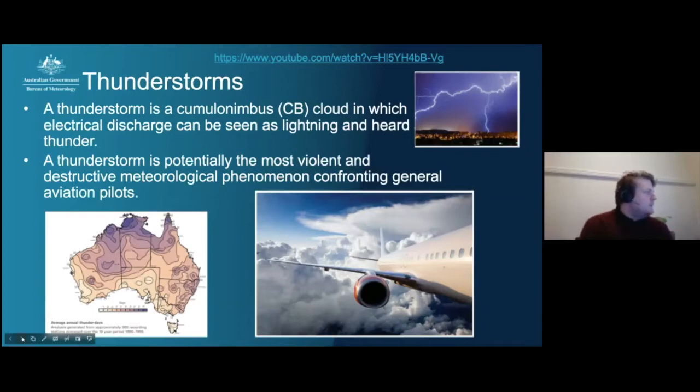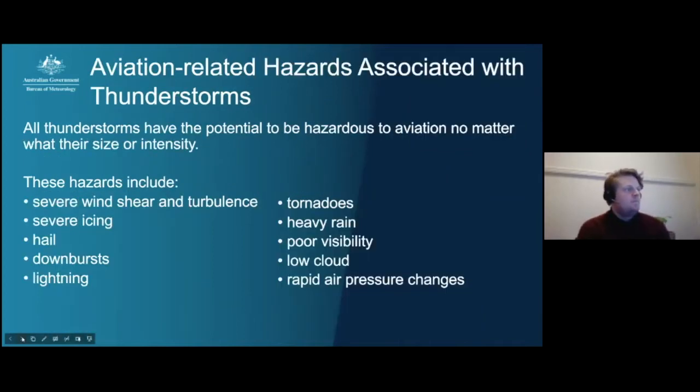Next slide, please, Gina. So it's important to note that all thunderstorms have the potential to be hazardous to anyone in the air, no matter their size or intensity, because they can have severe wind shear and turbulence in them. Even your most boring run-of-the-mill thunderstorm can have severe wind shear and turbulence.